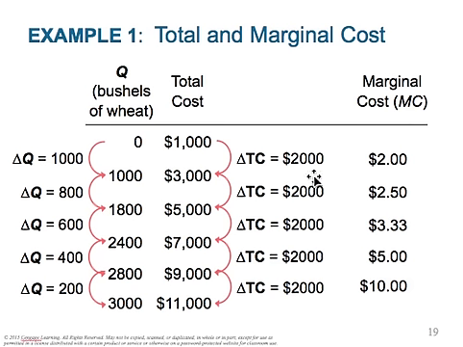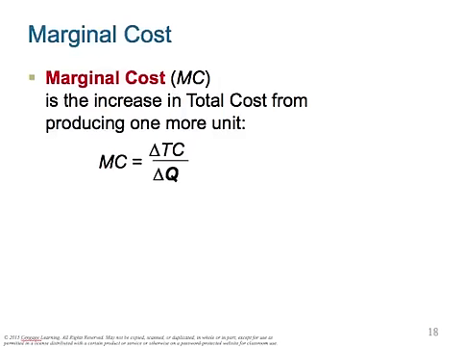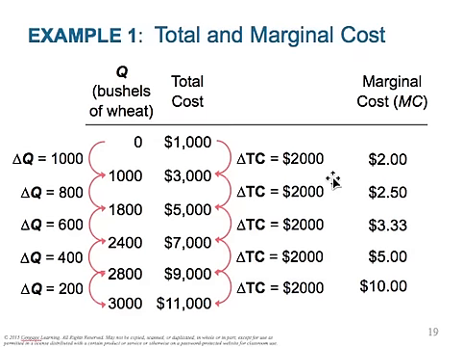So that's constant. Now our marginal cost, again, is the change in total cost divided by the change in quantity. Marginal cost of additional units here is $2, $2.50, $3.33, $5, and $10.